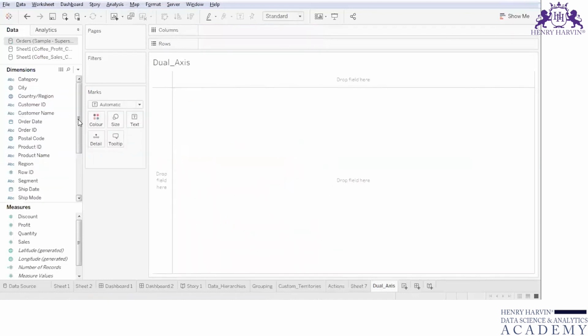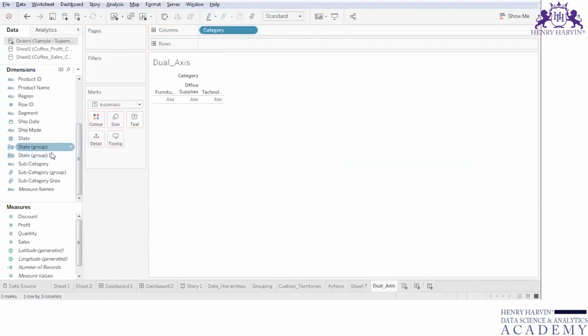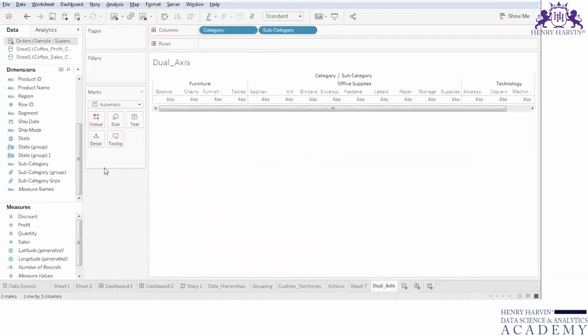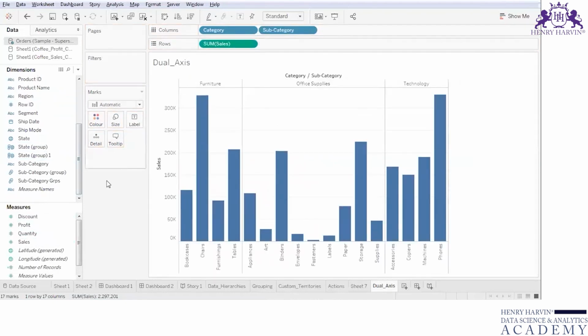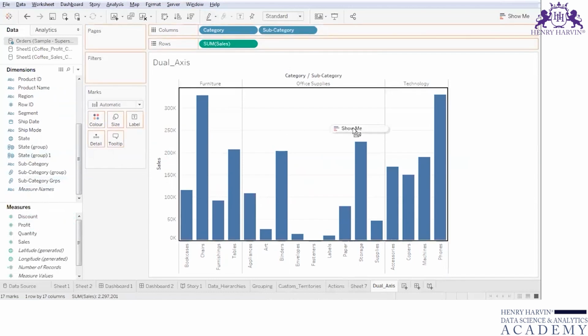Again, I'll place the category over here, the subcategory over here, then I'll get my sales over here. One method, in the previous graph, was that I had dragged and dropped profit over here, and from the profit drop down I selected the dual axis option. Another method is to drag and drop profit on the visualization directly when I see this dotted line.